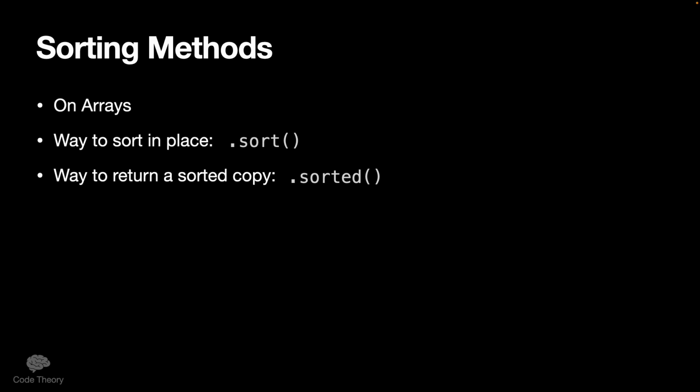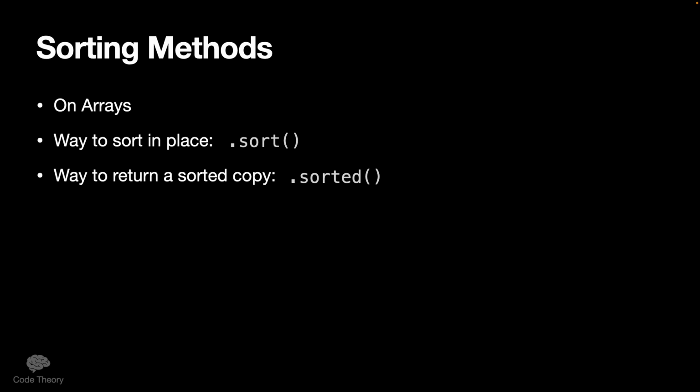If instead you would like to call a function that returns you a copy of the array that is sorted without modifying the current array that you are calling the function on, you can use .sorted. Present tense, past tense. Well, I don't know, sort is present tense, more like command tense almost. But sorted is past tense at minimum.